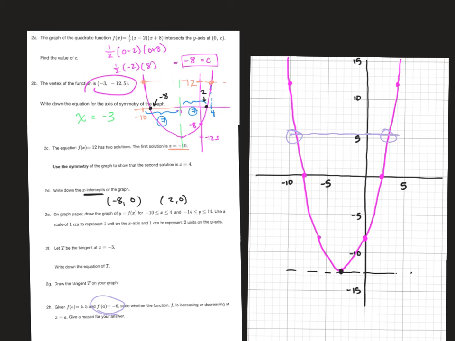So this one, clearly, if I drew a tangent line, it would have a positive slope. And this one right here would have a negative slope. Since -6 is negative, it is decreasing. So you just say it's decreasing, and your reason is that the slope is negative by the derivative.